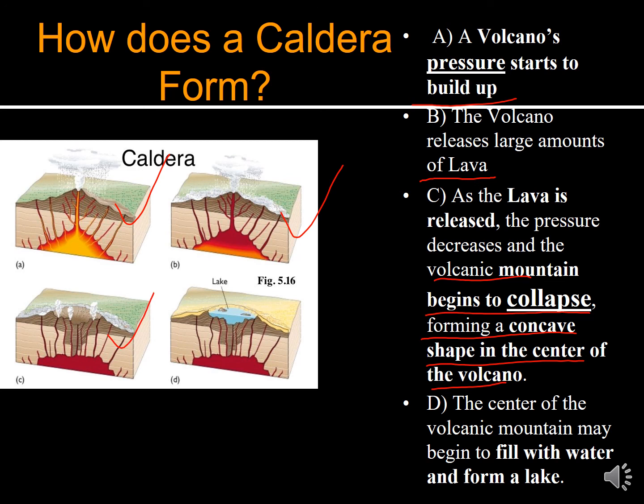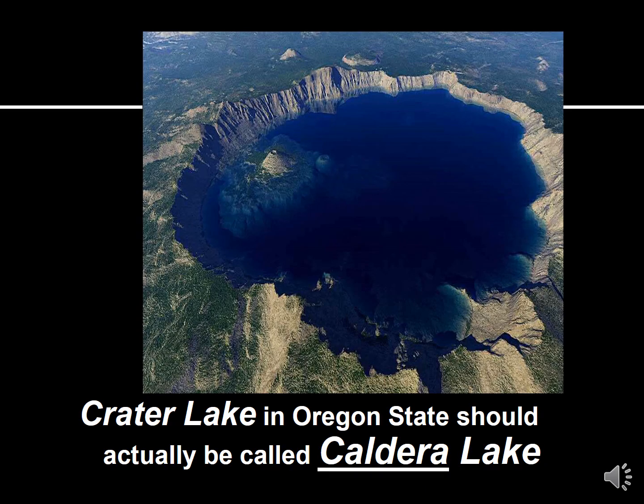Then, at the very top, it fills up with water, and if it ever erupts again, it can be a little pool of lava, but most of the time, it makes lakes and stuff. So here's one in Oregon State. We call it the Caldera Lake, which was basically, again, a volcano that erupted and fell in.